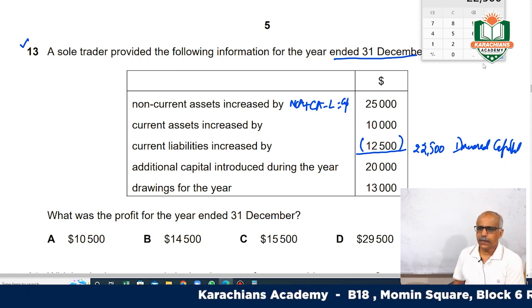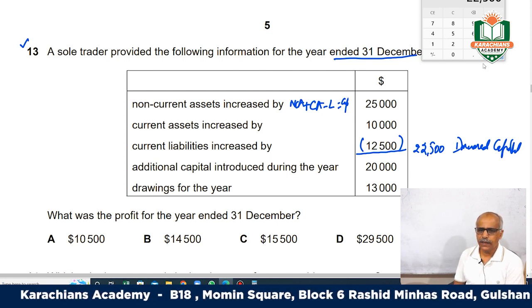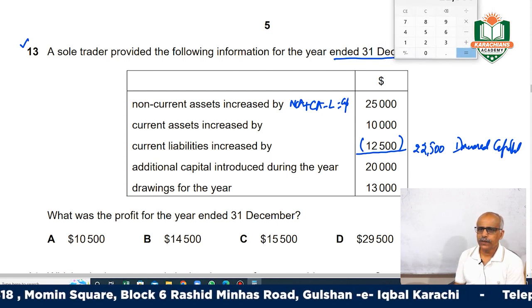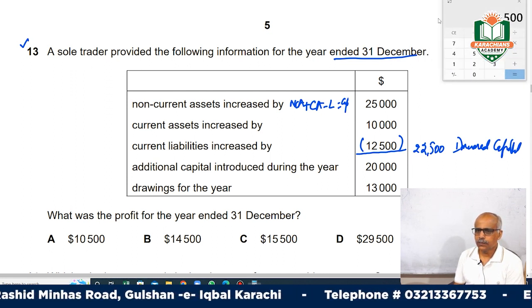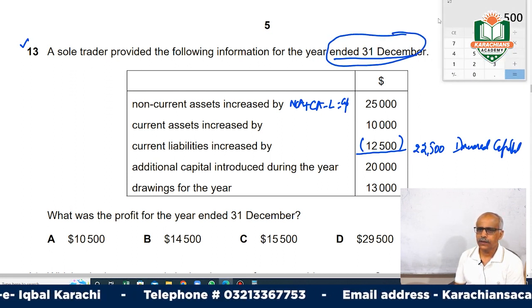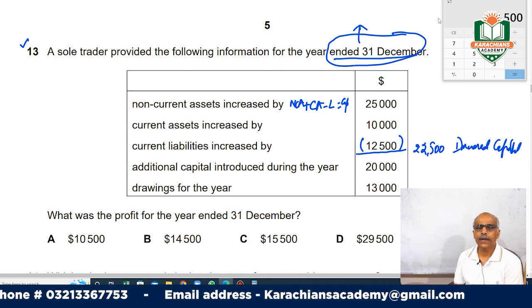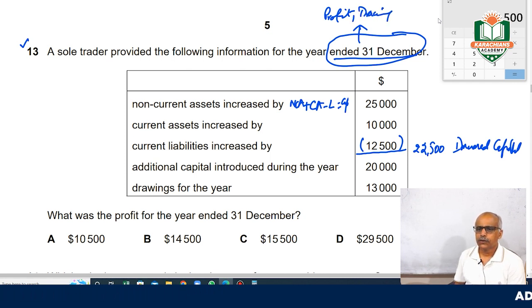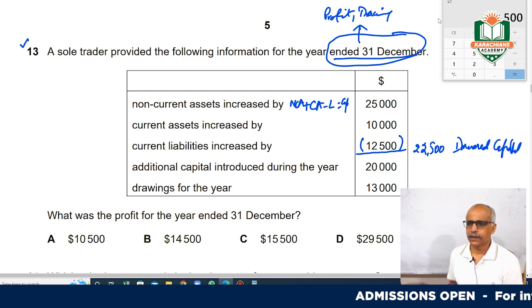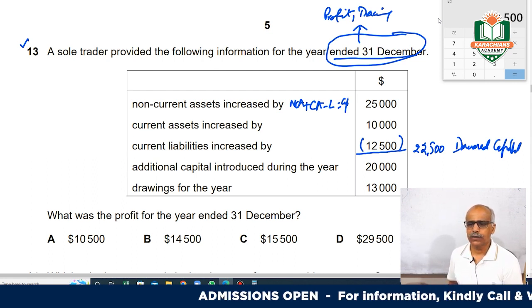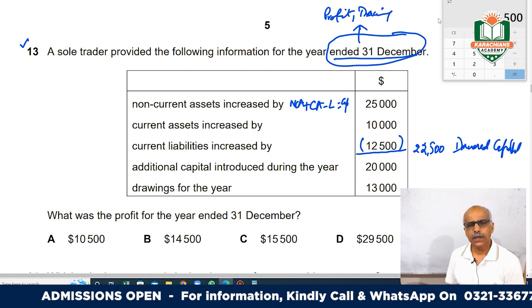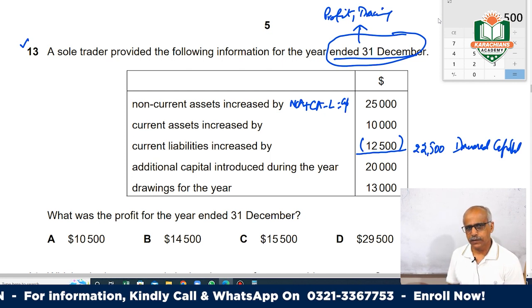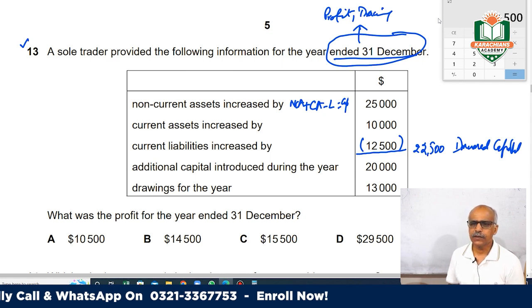So this increased capital actually has the impact of the additional capital. Remember one thing, he has given you the position at 31st of December. So it has the impact of profit, drawings, everything. The increased capital you are getting, 22,500, has the impact of your drawings already included, because this is the position at 31st December.